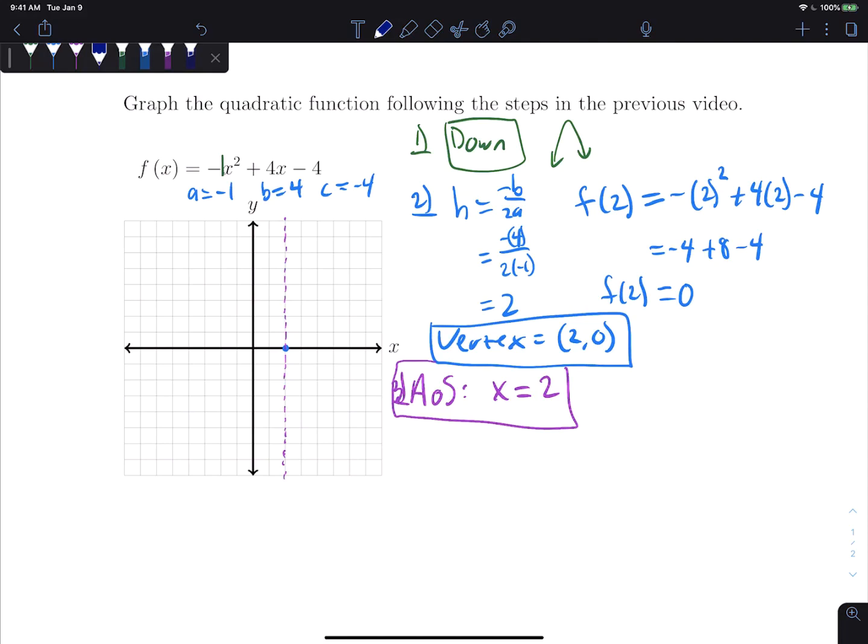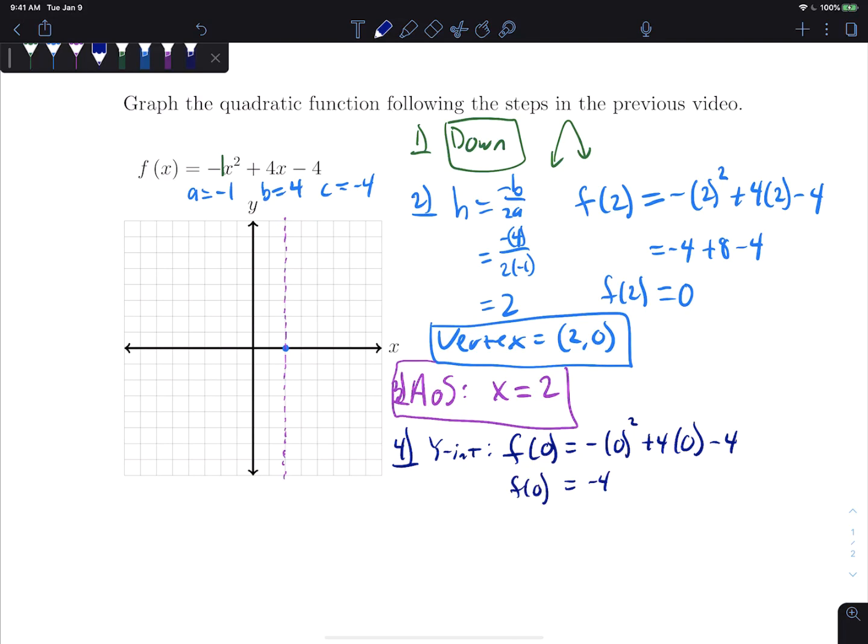The next thing I want to do is find the x and the y intercepts. The first thing I'm going to do is find the y-intercept. To find the y-intercept, I'm just going to find f of 0. Now, f of 0 gives me negative 0 squared plus 4 times 0 minus 4, and simplify.